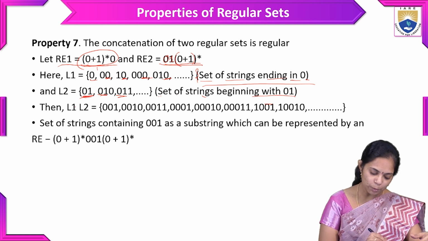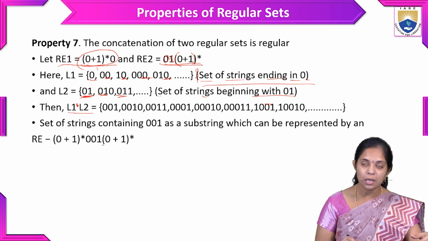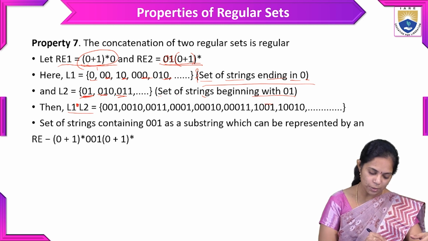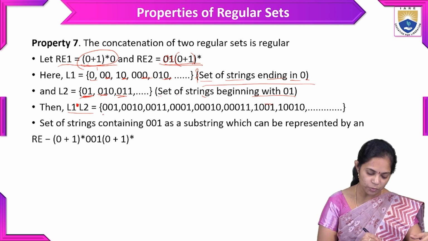And then if you combine both, what operation are we performing for the two languages? We are performing the concatenation. Concatenation is denoted by the dot symbol. If you combine both languages, what will we get? We perform the first one first, and then add all of these.